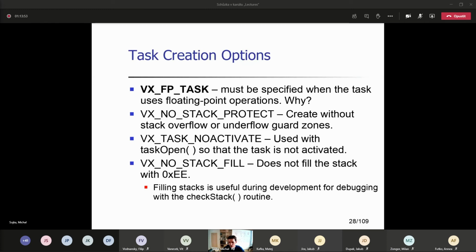Basically, remember, if you are switching between tasks, the operating system has to save the registers of your task and restore the registers of the new task. Normally, only integer registers are saved and restored. Floating point registers are not.